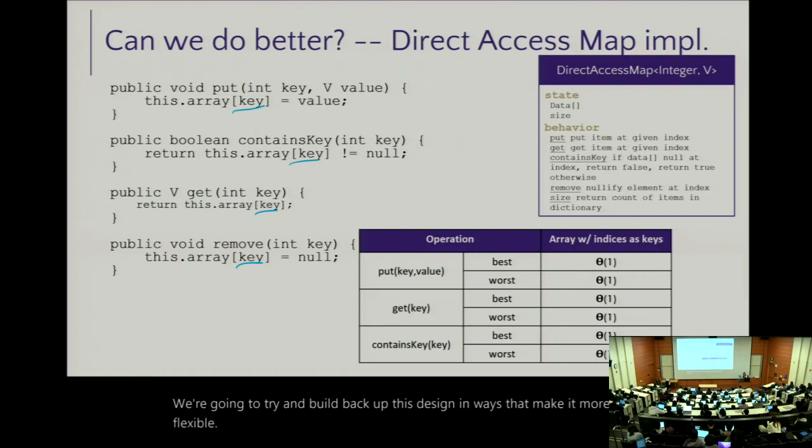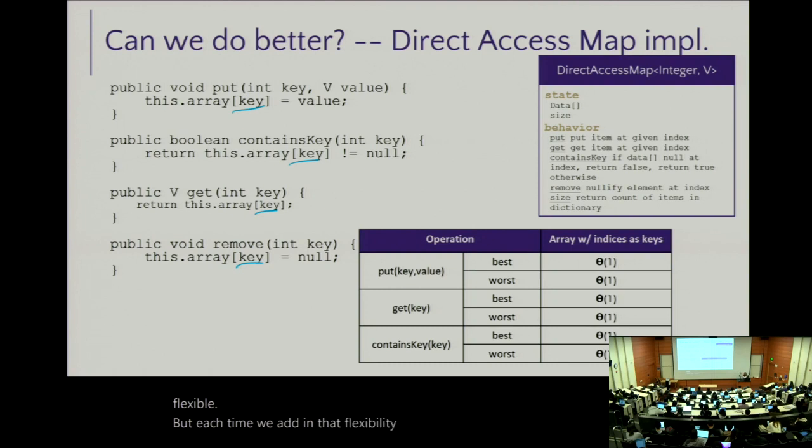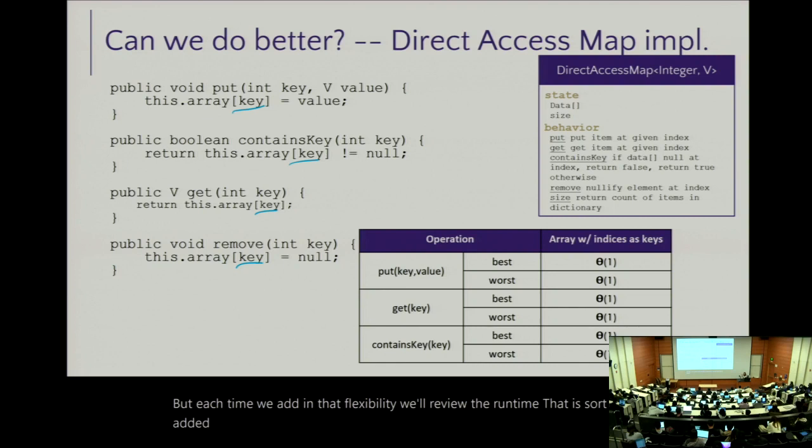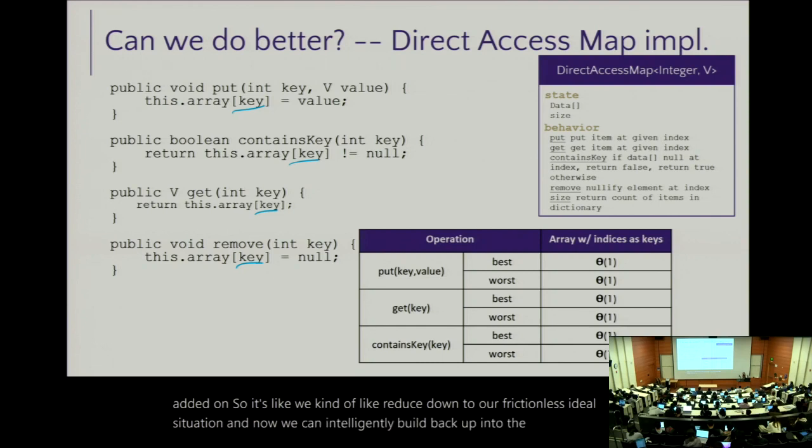But each time we add that flexibility, we'll review the runtime that is added on. So we reduce down to our frictionless ideal situation, and now we can intelligently build back up into the design to make something a little more flexible than the direct access map.